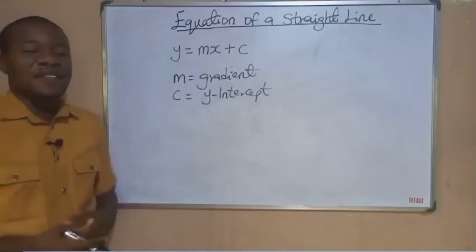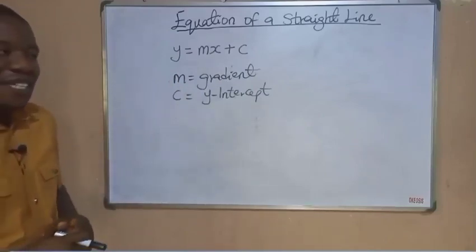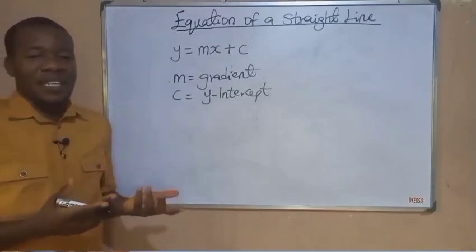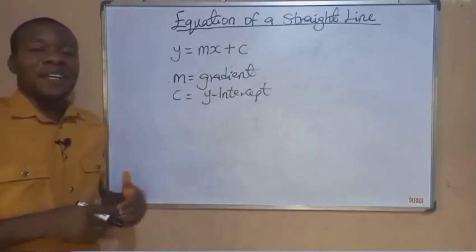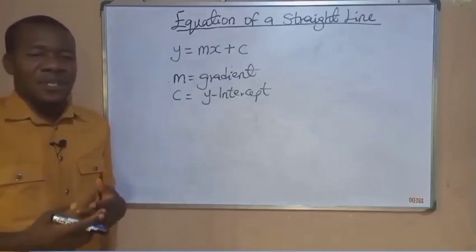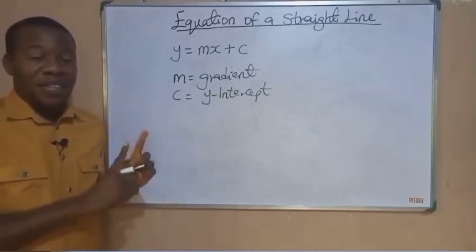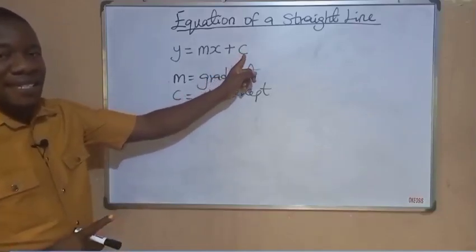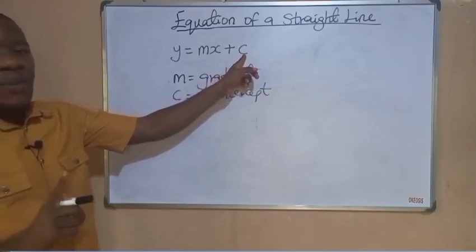And then if you can recall very well what we talked about in our previous class when we discussed intercepts of a straight line, we said that we have two intercepts, the y-intercept and the x-intercept, right? Then we said that the y-intercept happens when x is 0. So with that logic, we can easily see c is the y-intercept because that occurs when x is 0.